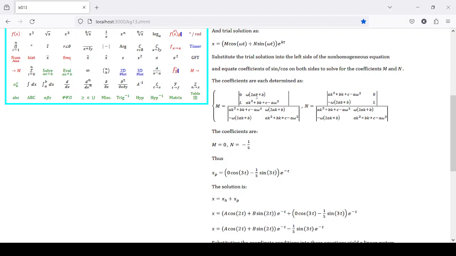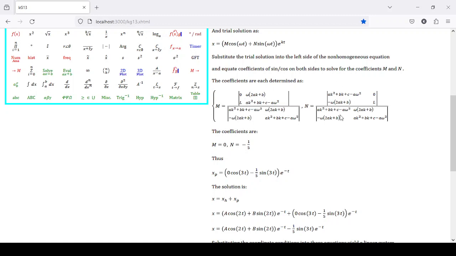Right? And here will be 0. Here will be minus a omega squared. Here will be minus a omega squared. That will be 0. So we have quite some simplifications in the case of a root and in the case of a double root to determine m and n.